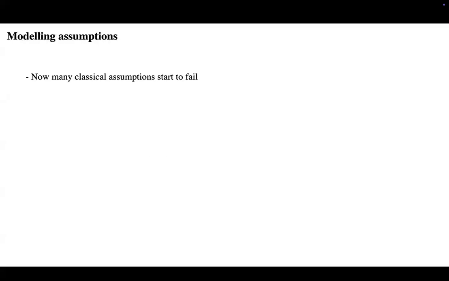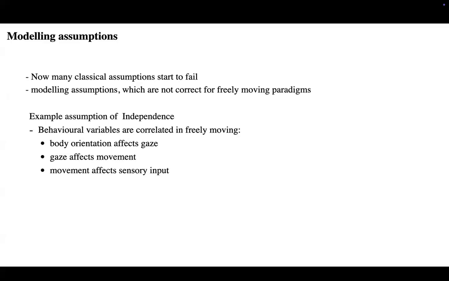Coming next to the modeling assumptions, many classical assumptions start to fail here. One example is independence. Behavior variables are sometimes highly correlated in freely moving paradigms. Body orientation will affect gaze, gaze will affect movement, and movement will affect sensory input.